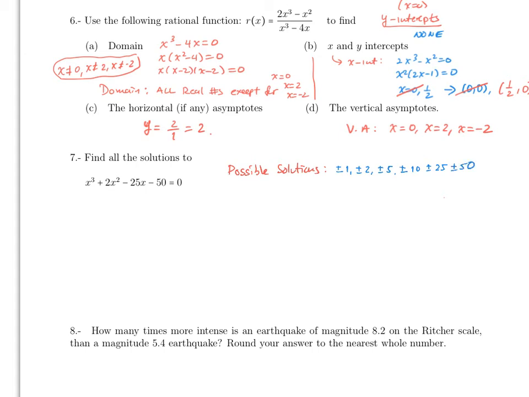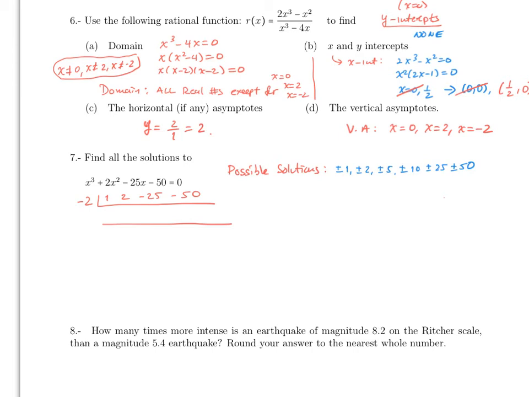So let's start with, I guess, let's do -2 because I already know it's going to work. So remember, this is 1, 2, minus 25, minus 50.